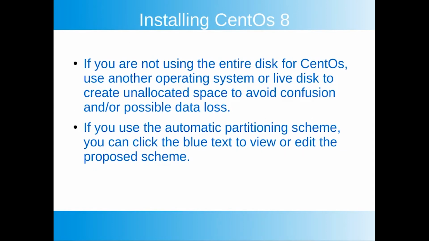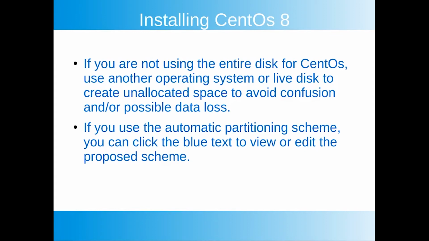Alright, let's move on. So installing CentOS 8. If you're not using the entire disk for CentOS, you can use another operating system or live disk to create unallocated space to avoid confusion and or possible data loss. This installer on this operating system doesn't communicate very well with you like some of the others will, where you can actually choose the partitions you want to use.